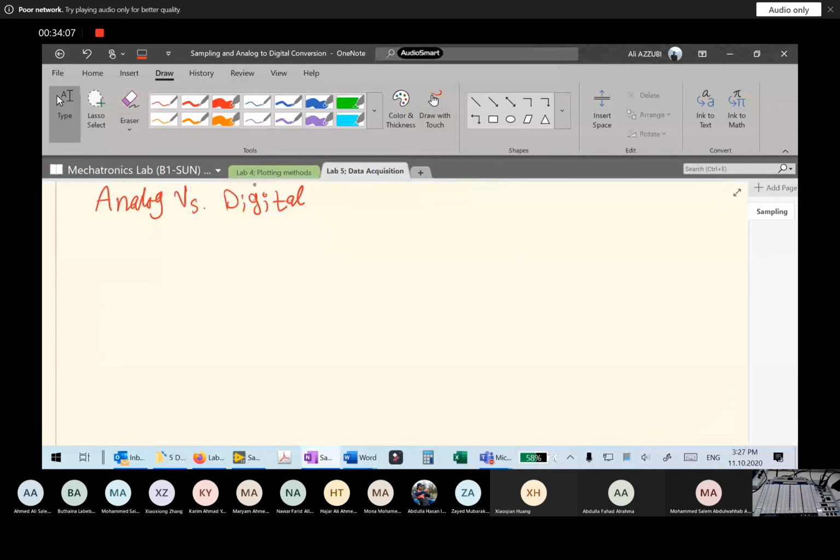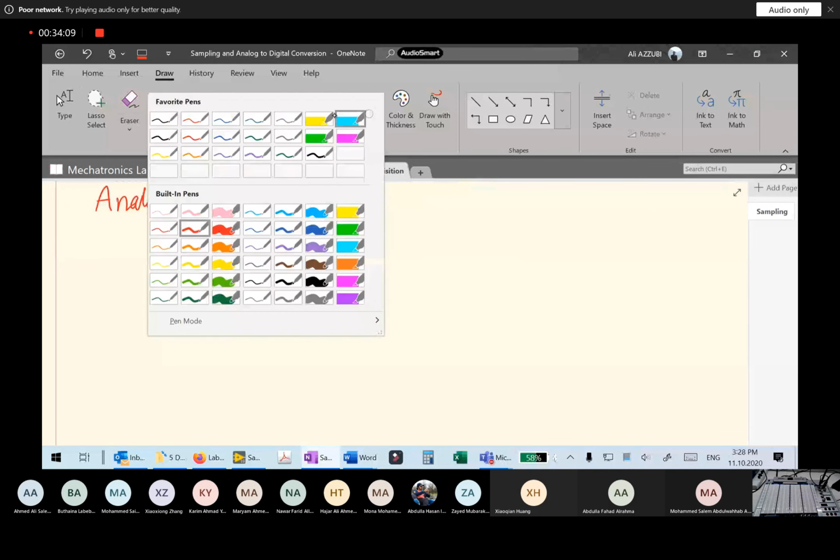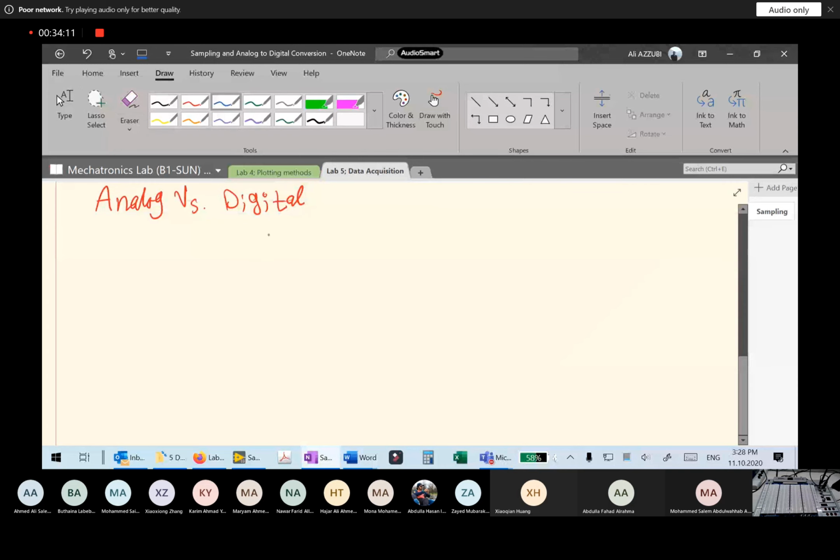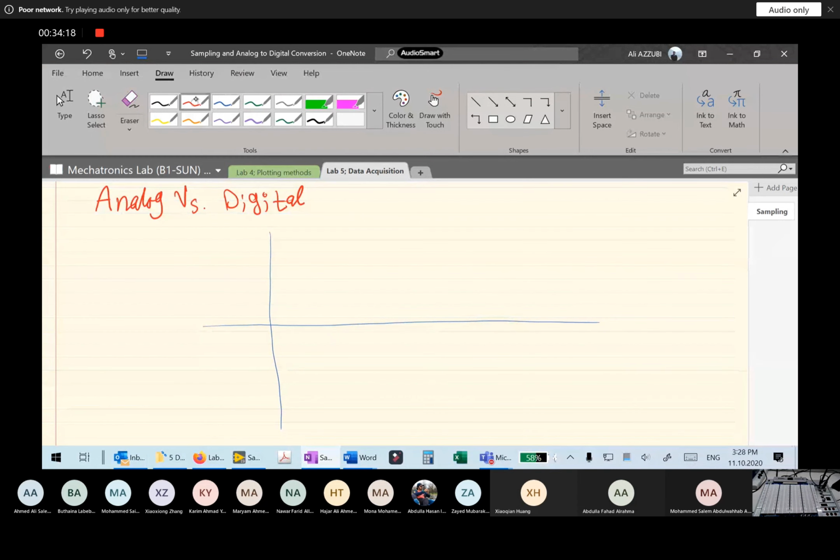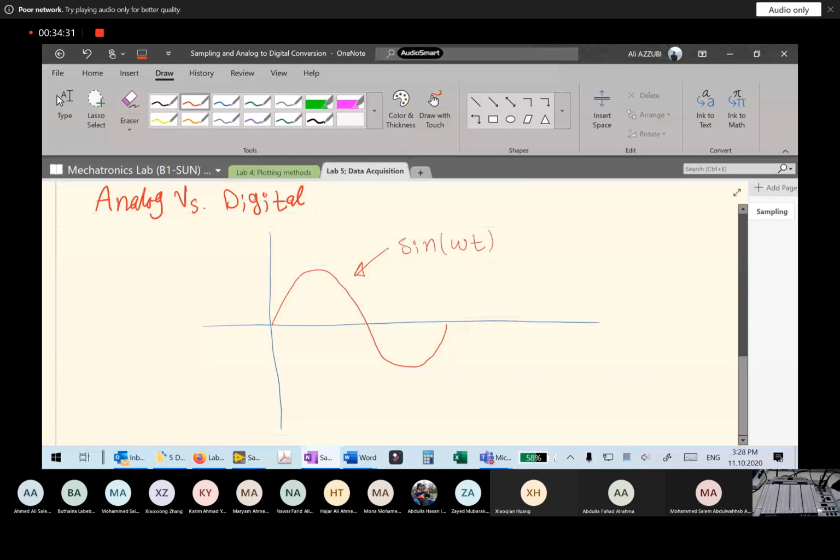I'm going to draw a signal here. Let's put a blue line. So I have a signal like this. Basically I'm plotting a sine wave, let's say sine omega t. I suppose all of you are familiar with this from vibration or dynamic systems, probably from controls.